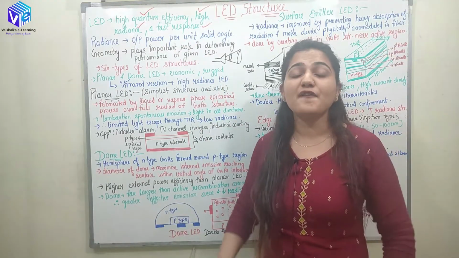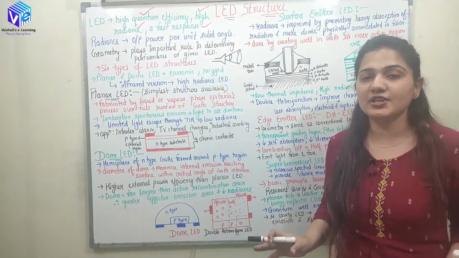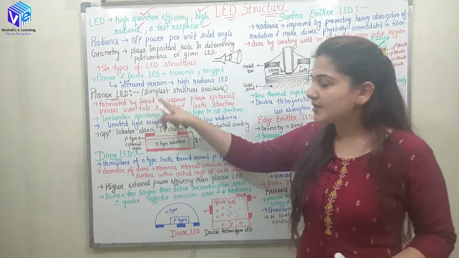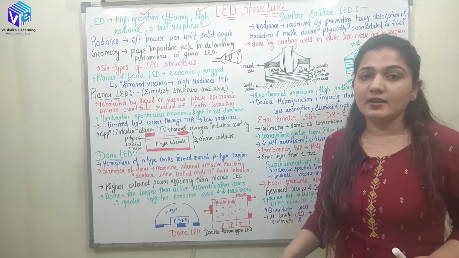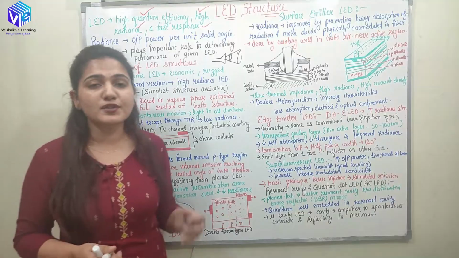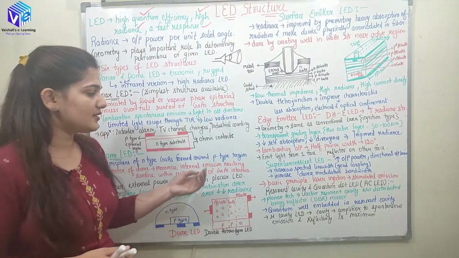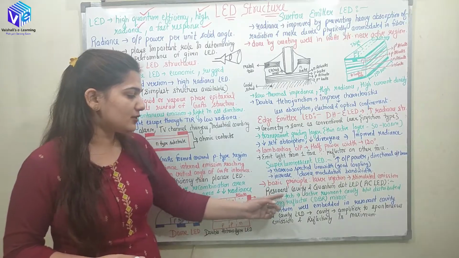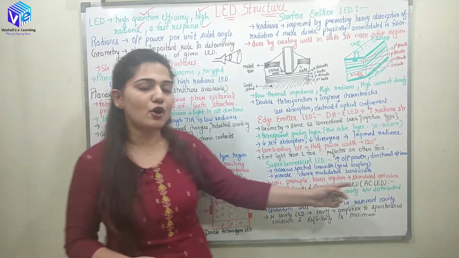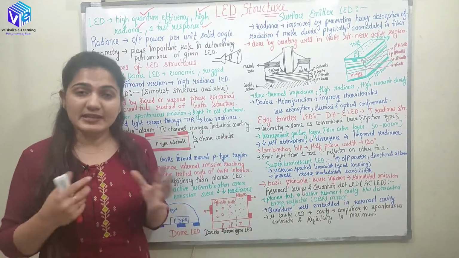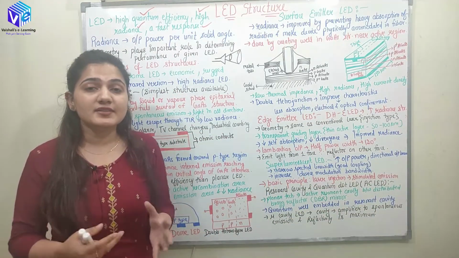So I have 6 types of LED structures, but the basic 2 types are the planar LED and the dome LED. Now if I go into detail and look at the most effective types of LEDs, they would be the superluminescent LED and the resonant cavity or the quantum dot LED. Both of them are very effective.